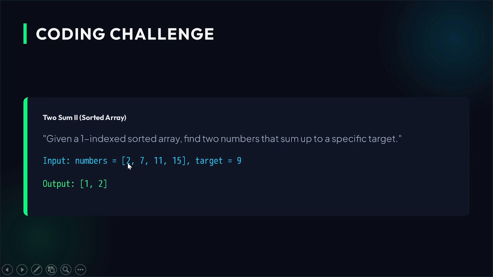For example, 2 and 15, their sum is 17, which is not equal to the target. So we will see other elements as well. Then 2 and 11, their sum is 13, so also not equal to the target. Then we have 2 plus 7, which equals 9. So 2 and 7 is the answer, and we return their indexes in the output.